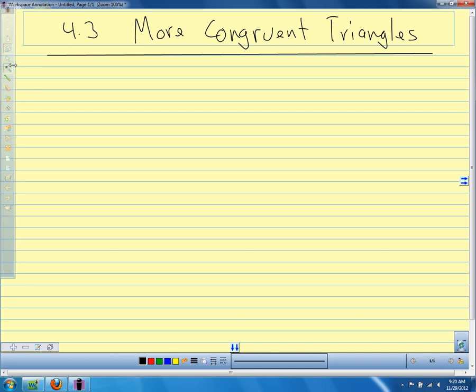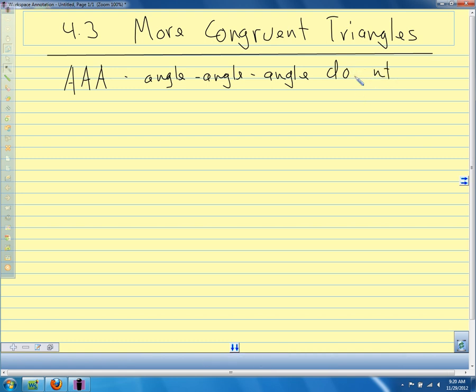I wanted to remind you to make sure that somewhere in the space on the front, they write that angle, angle, angle doesn't work. So just so you remember that we can't use angle, angle, angle to show that triangles are congruent.